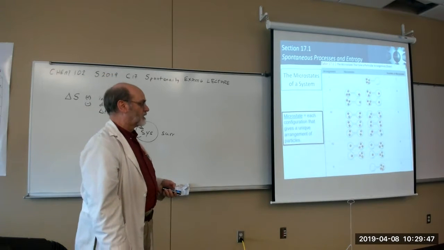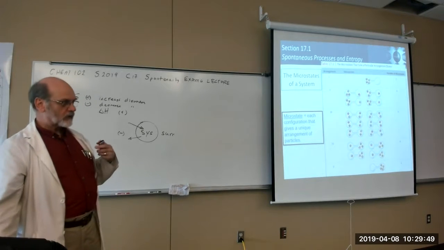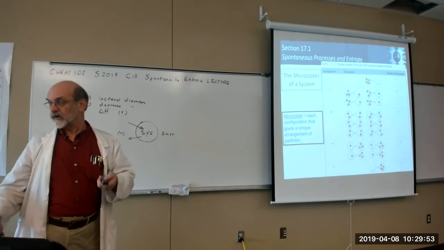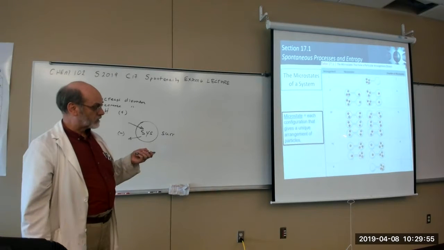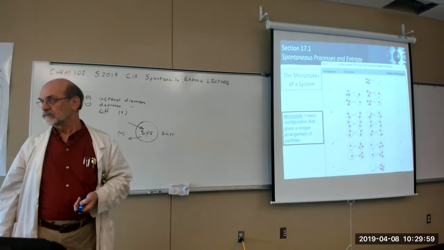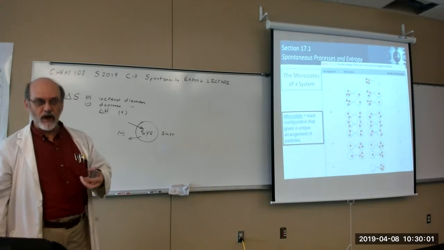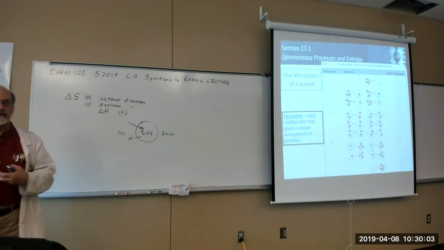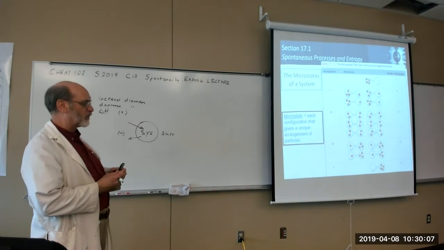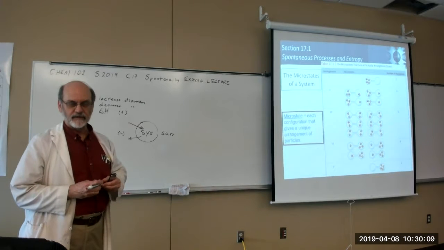So the most probable arrangement for these particles is the one where you have 2 on one side and 2 on the other, because there are 6 options. That's the most probable number of microstates for this system.